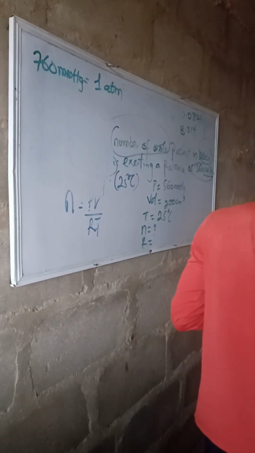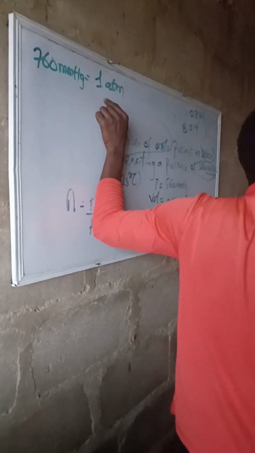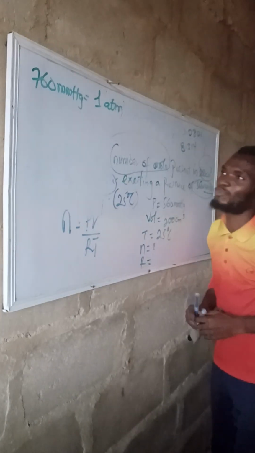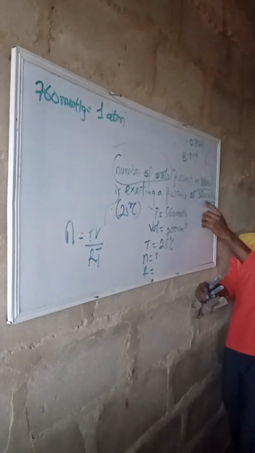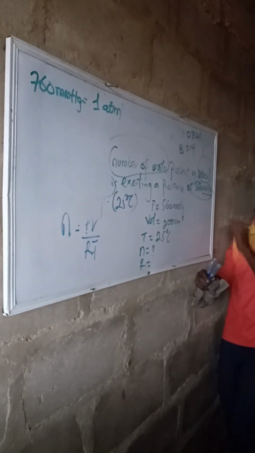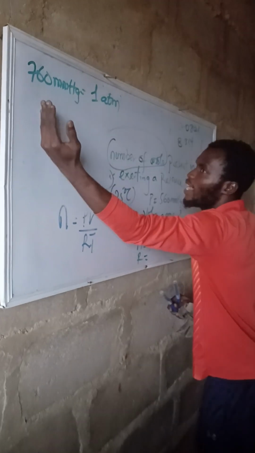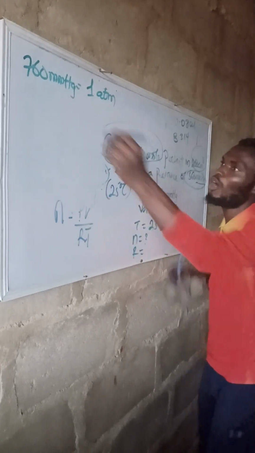Not automatic teller machine. It is atmosphere. Now, what are we given? 560 millimeter mercury. Is it here I'm going to put it or here? Here. Are we together? What would that be?